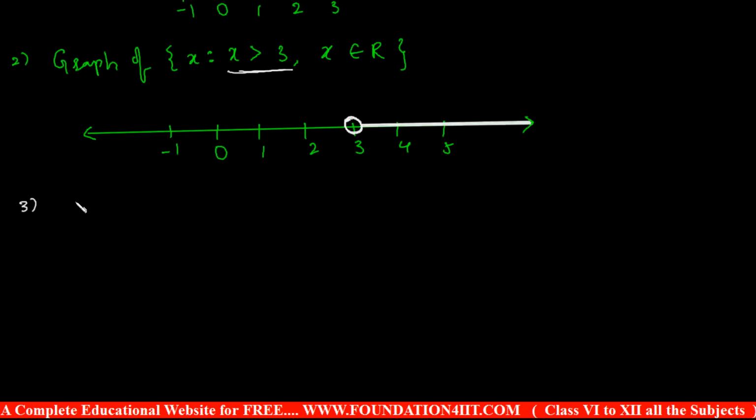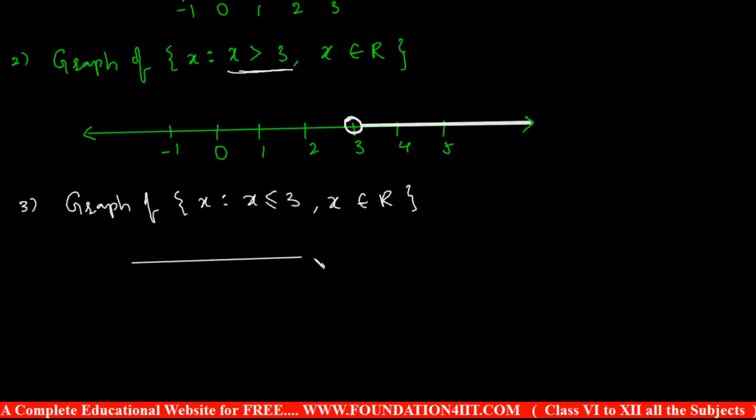Here is the graph of the less than case and less than or equal to case. Same as x is less than or equal to 3 and x belongs to the real numbers. 3 is included in this, and all values less than 3. If you take the number line, 0, 1, 2, 3, 4, and -1, -2 and so on.